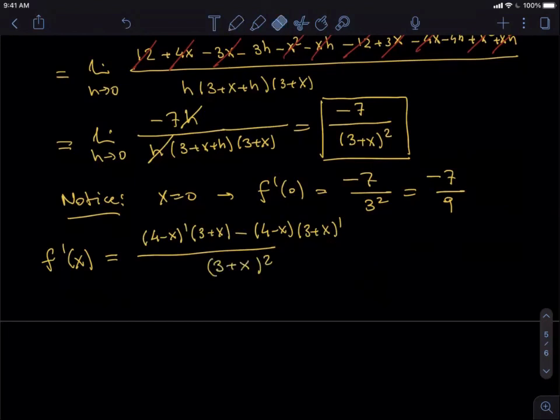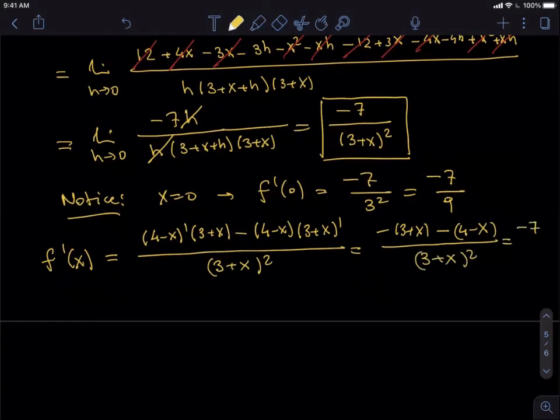Remember, this is the formula for the quotient. So we have minus 3 plus x minus 4 minus x divided by 3 plus x squared. And here, clearly, this is negative 7 divided by 3 plus x squared. So we are good. We were right with our derivative that we found using the definition.